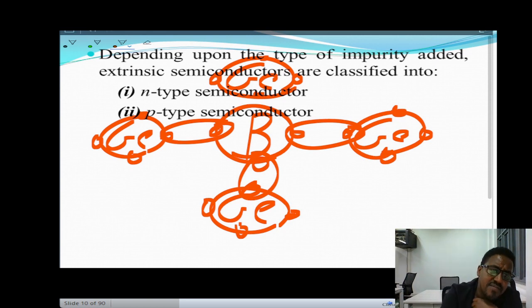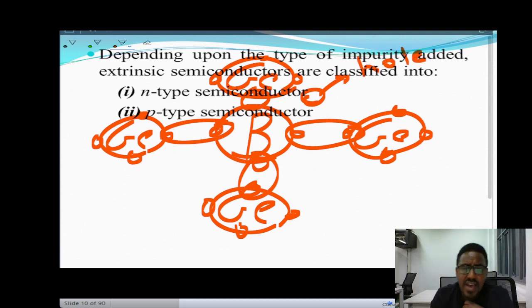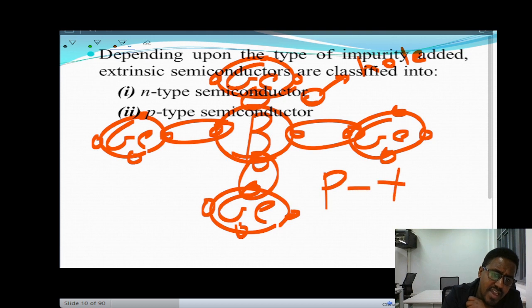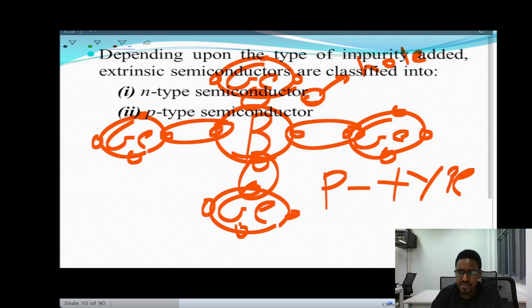So this space is treated as a hole. In another name, we can call it an acceptor. It accepts electrons. So this type of semiconductor, we can call a P-type extrinsic semiconductor.